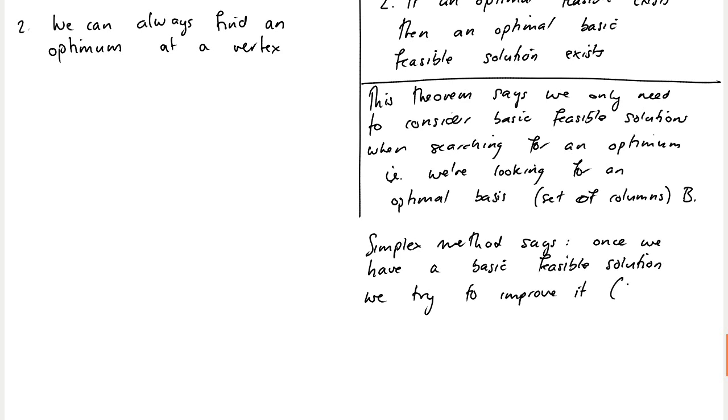By improve it I mean lower c transpose x, so lower the cost, by replacing one basic variable with a non-basic one.